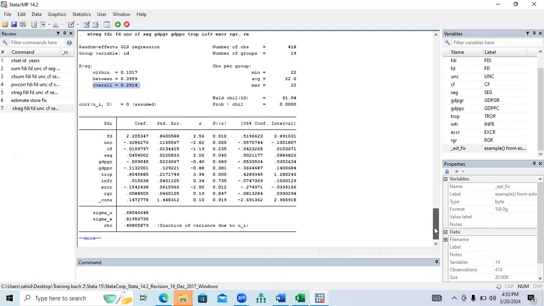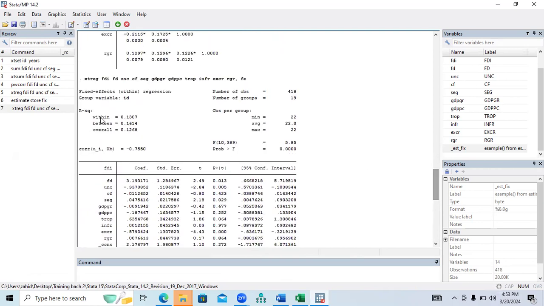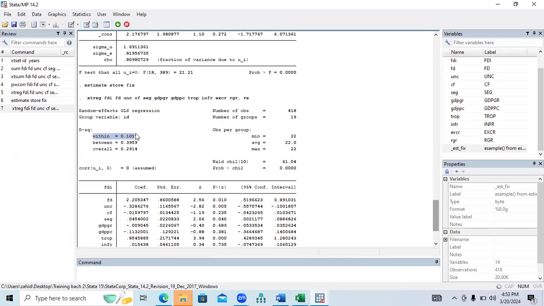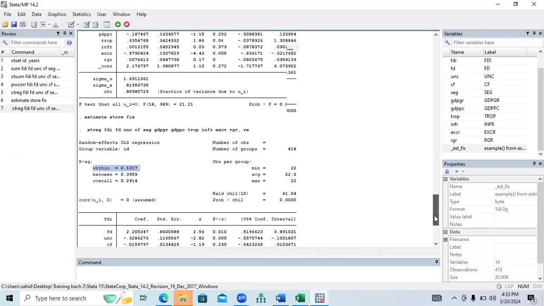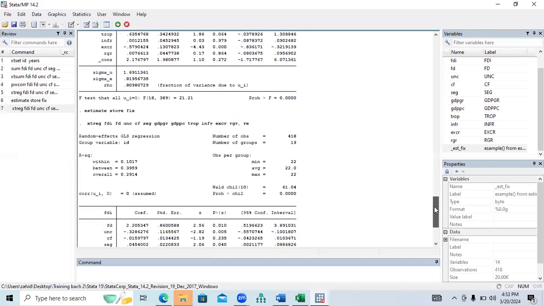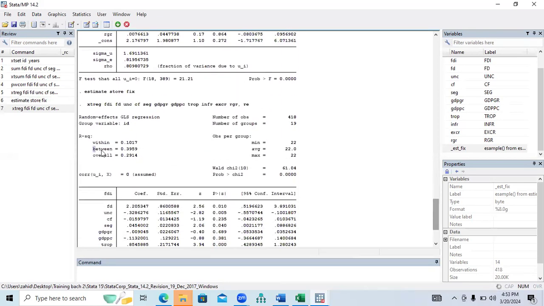If you see the results of fixed effect, the R square within was 13%, while in random effect, the R square within is 10%. But in case of R square between, in random effect it is approximately 40%.